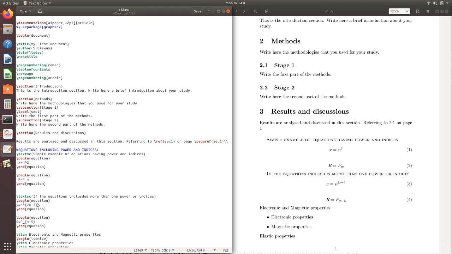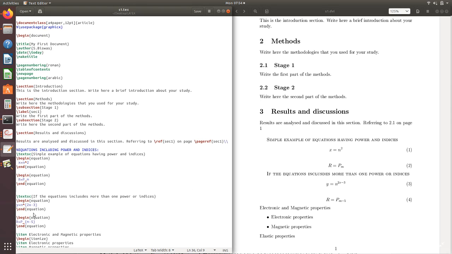If the power consists of more than one character, then you have to write that power within curly brackets. So here y is equal to n hat 2x minus 3. In this case the power consists of more than one character, so you have to use a pair of curly brackets. So y is equal to n hat within curly brackets 2x minus 3 will produce y is equal to n to the power 2x minus 3.